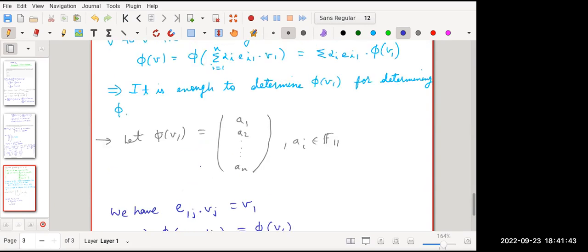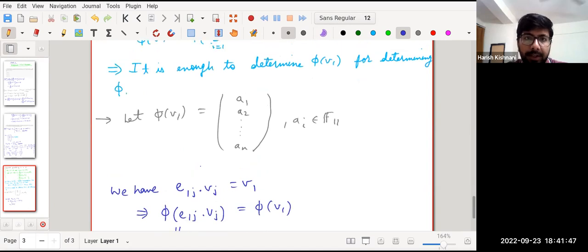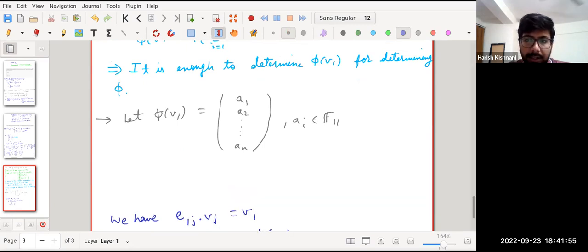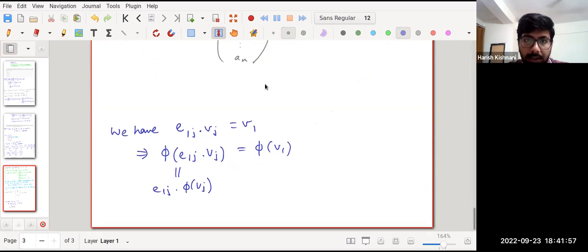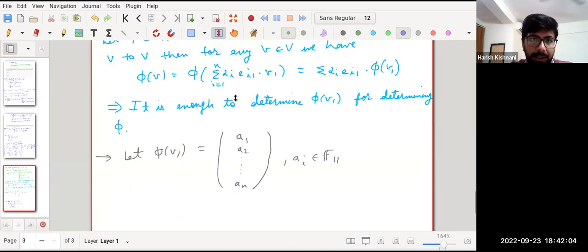But you can directly determine what your phi of vj should be by the use of your phi of v1. We have already seen how you can get phi of v once you have phi of v1. So just instead of v you put vj. Okay, so what does this imply?